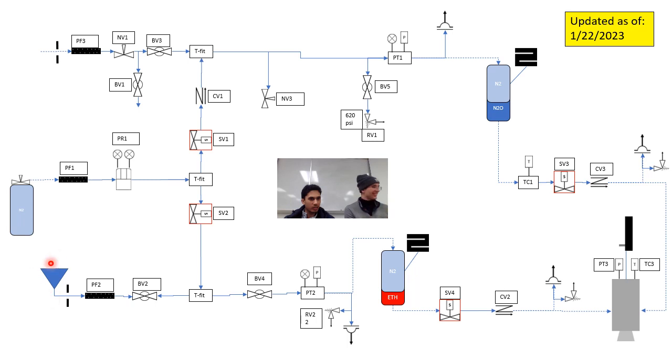Sorry, I keep skipping steps, so repeating that again: open SV2, open VV4, and then open VV2. At that point, it's starting to depressurize, starting to push out, but at just above atmosphere. Then you're pouring that whole bottle of 2 cups into the funnel.